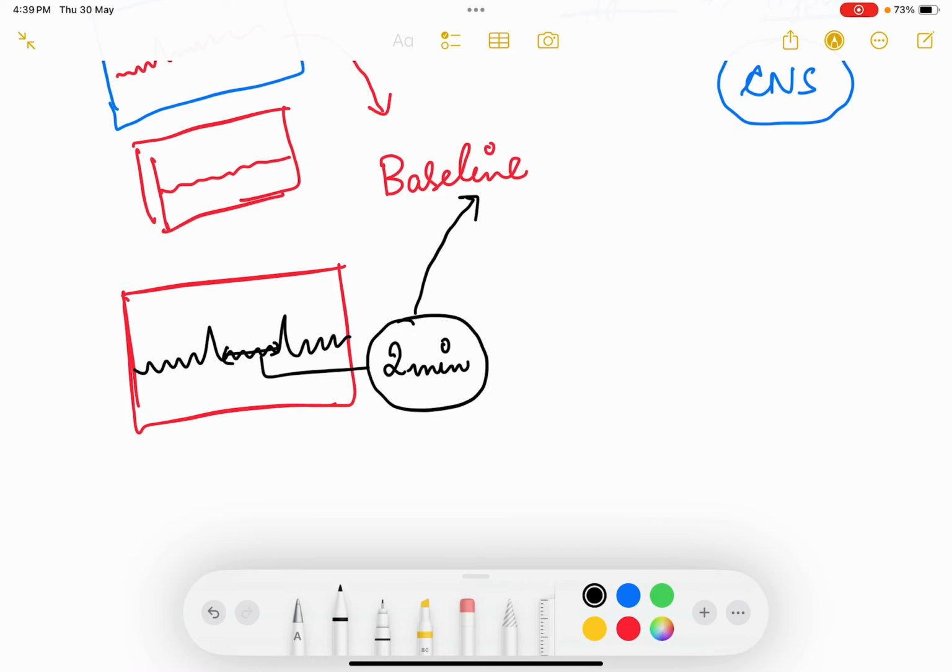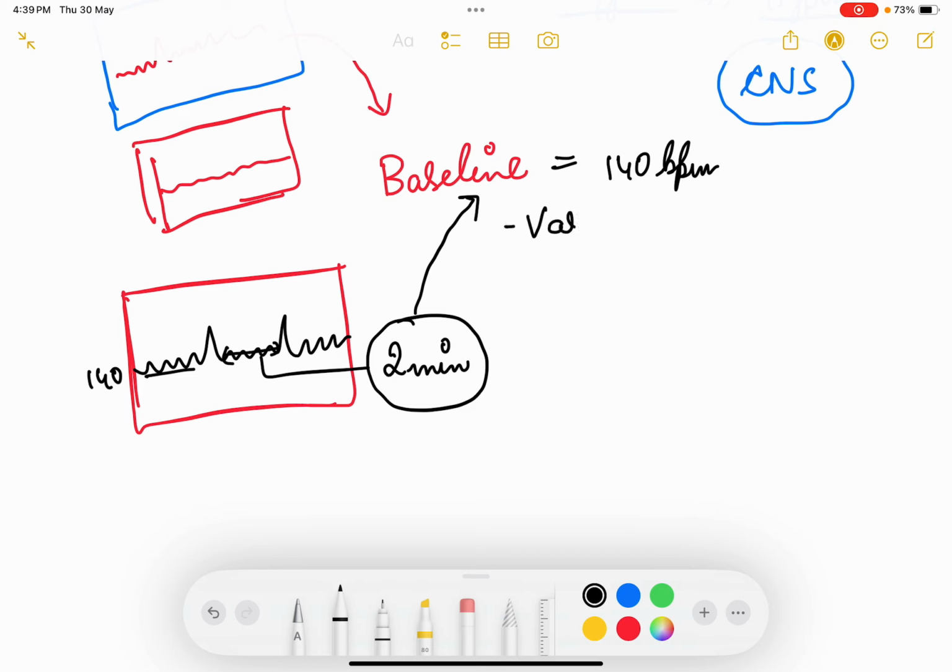This is very important. If it is oscillating around 140 beats per minute most of the time, then you say the baseline is 140 beats per minute.